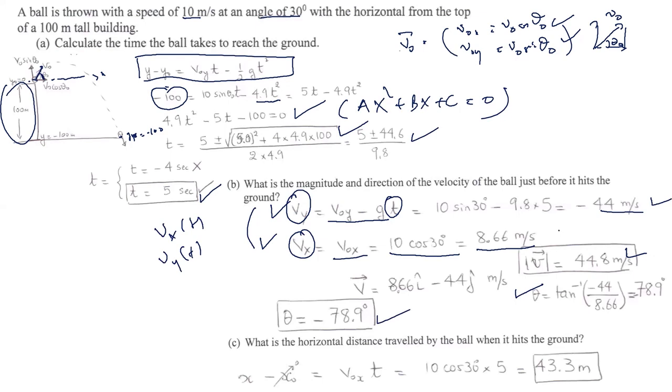So V is just the square root of Vx squared plus Vy squared, and theta is tan inverse of the Y component Vy divided by Vx. And you see that Vy here is negative, and I see it when I hit the ground here, theta is negative. You see that this is in the fourth quadrant. So this is straightforward. I'll skip it.